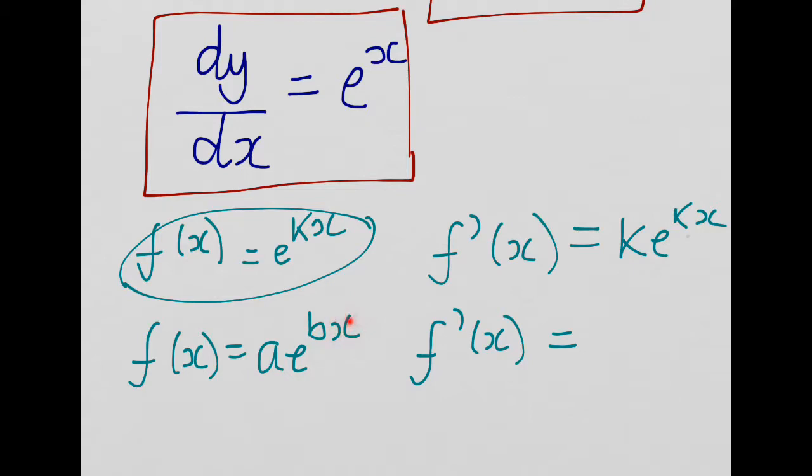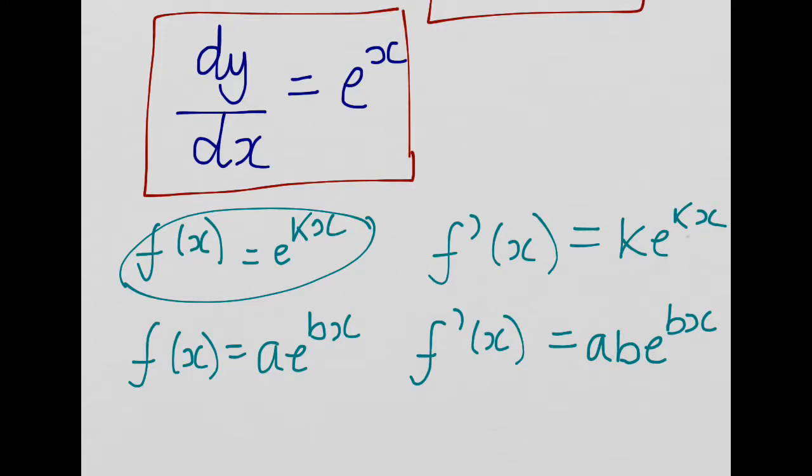Well, x is my variable that I'm differentiating with respect to. b is my constant. So the differential of bx is b. And I can write this as a b e to the bx. So notice what's happened. This part has remained the same. What's changed? I've just multiplied by b. So that's where I started, and now I've multiplied by b.